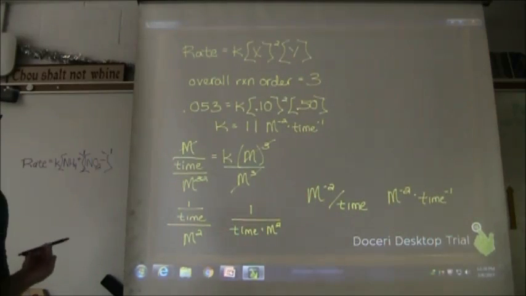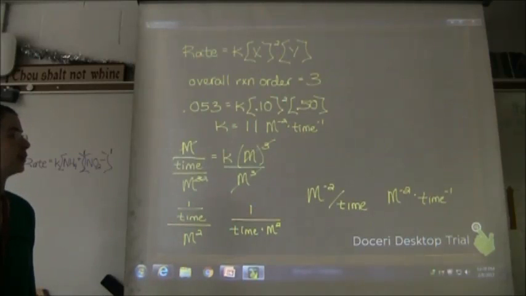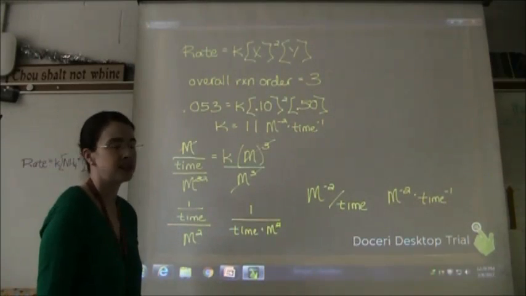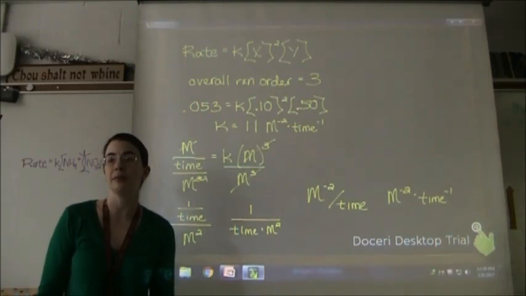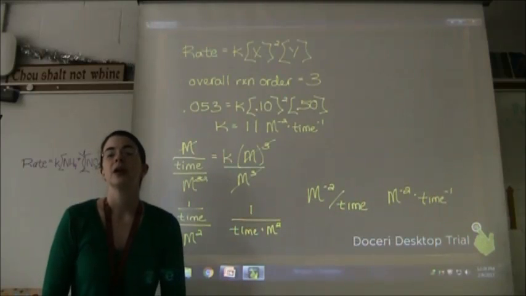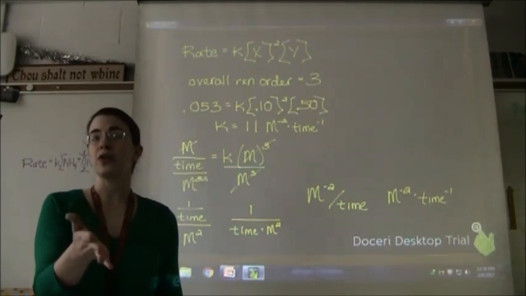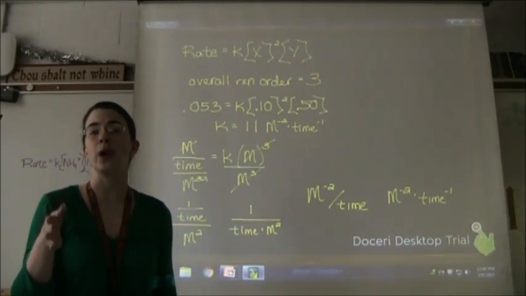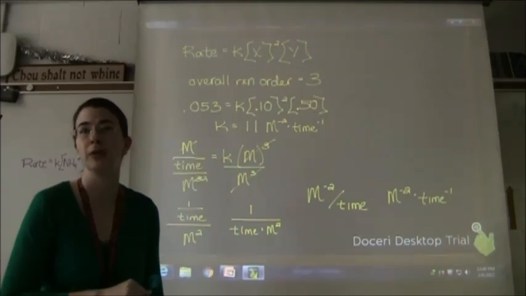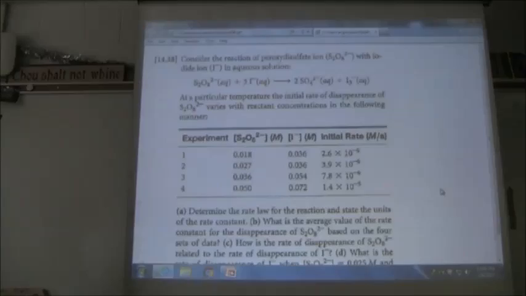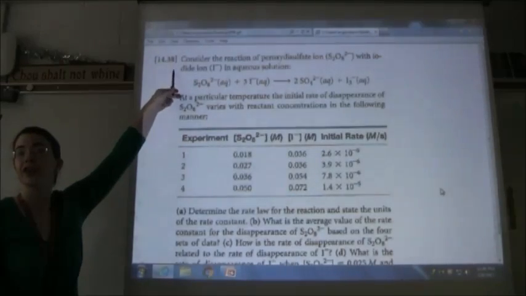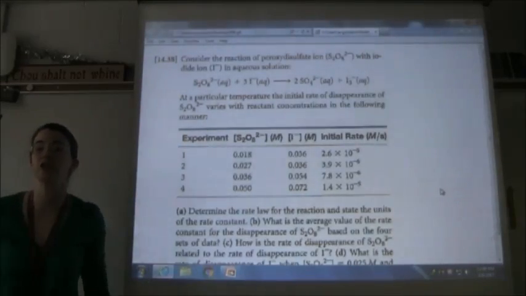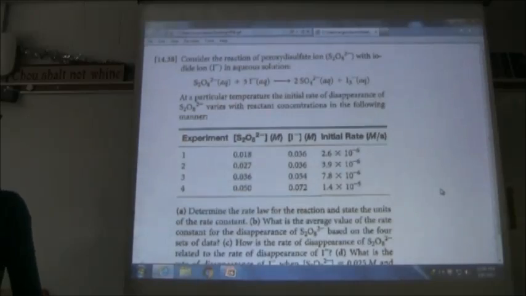The last thing that I want to do today is I want to give you some assistance with one of your problem set problems. You should have a book in front of you. We're in chapter 14. Please go to where the chapter 14 problems are. This is number 38, which is one of your problem set problems.